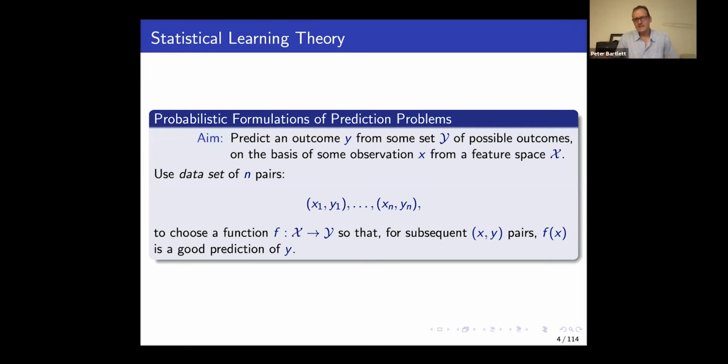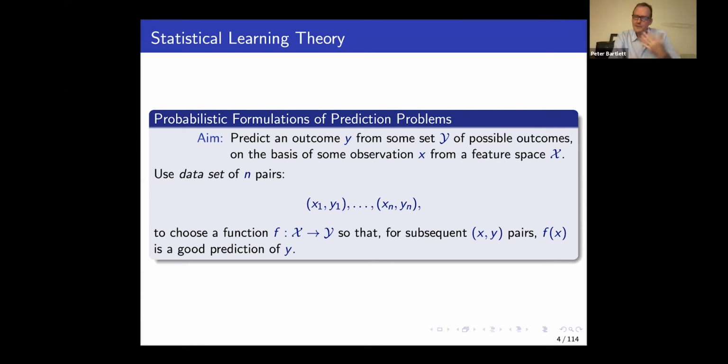And we're doing that on the basis of some pattern X that comes from a set capital X. The idea is we have some training data to help us with this task. It's a sequence of XY pairs. There are N of them. We'll write those as X1, Y1 through Xn, Yn. And we want to use those to choose some function that maps from the space X to the space Y, so that on subsequent XY pairs, we make good predictions. Our f of X gives us a good prediction of that Y.